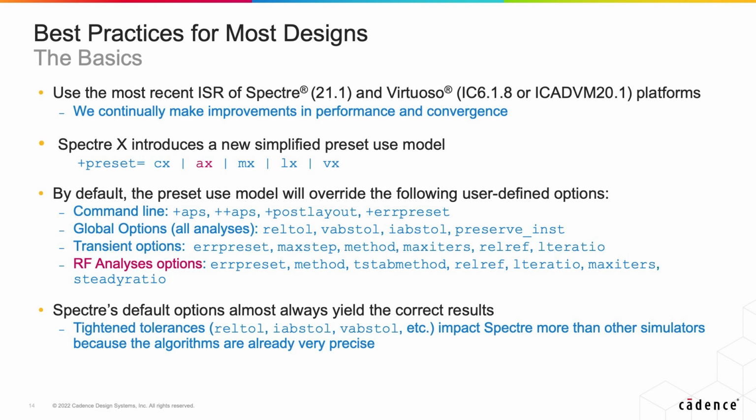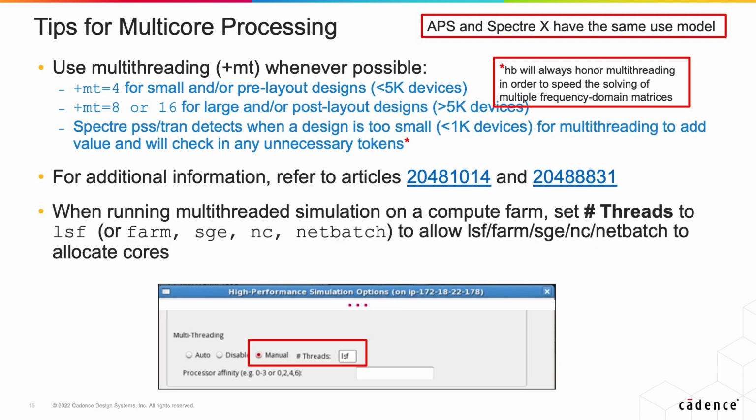So these are just the different analysis options, the command line options. We'll talk in detail in the next few slides instead of me talking about them here. Again, I talked last time about multi-threading. You can use multi-threading or multi-core in APS or Spectre X, just like I said before.